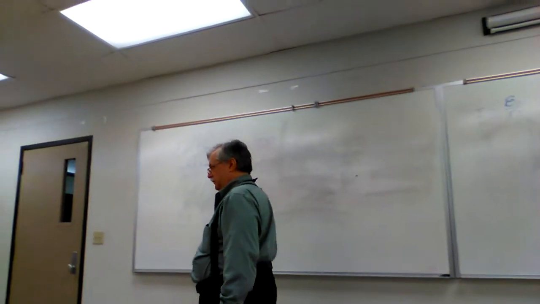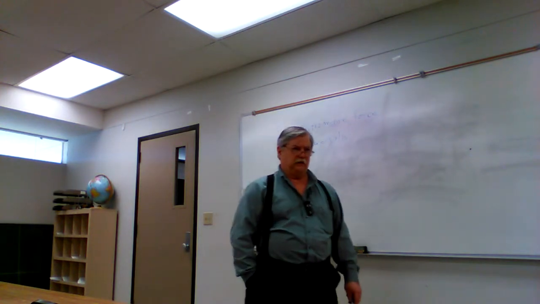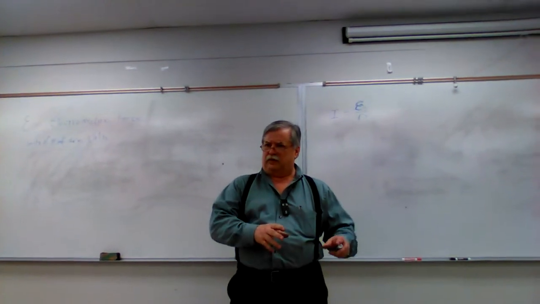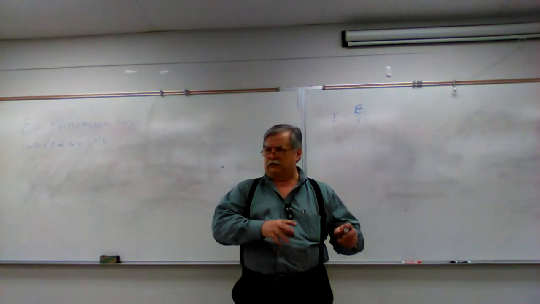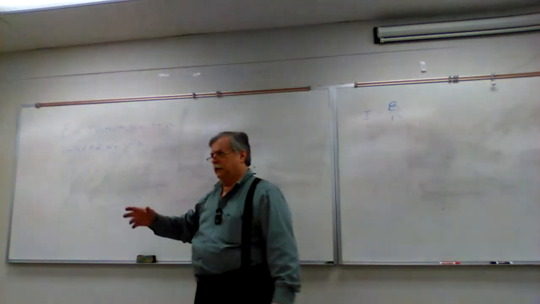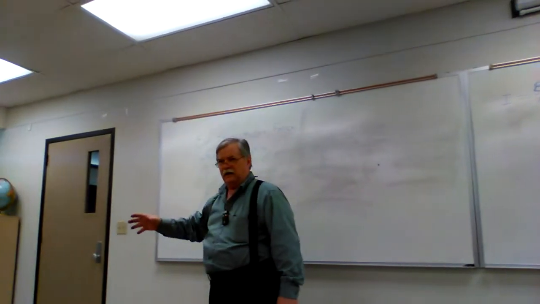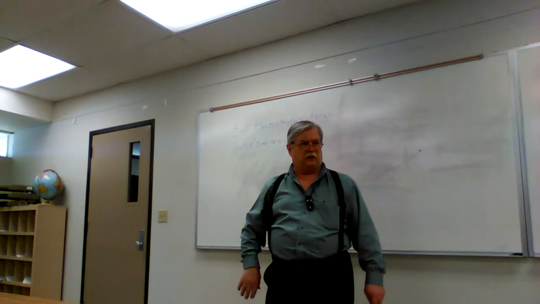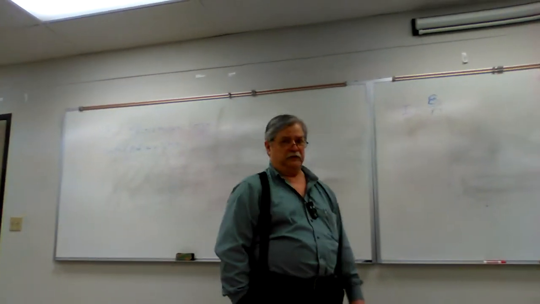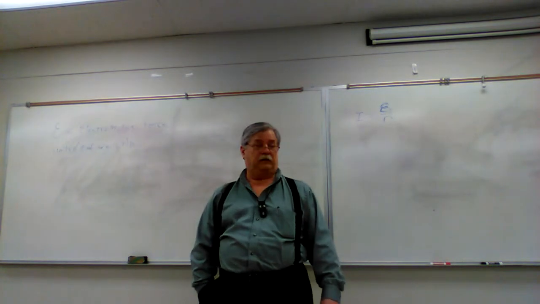Then along came Michael Faraday and some American named Henry, I think, who both kind of at the same time discovered, they asked the question, if an electric current will produce a magnetic field, can a magnetic field in turn produce a current? And they both experimented with this and both determined that yes, it can.